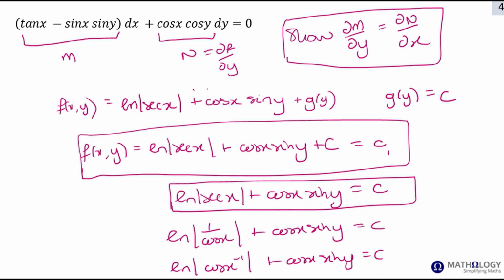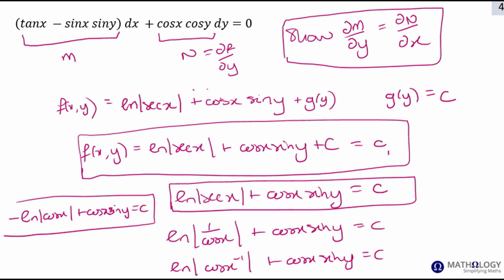And then we can write that one using log laws. You can write that 1 in front, so it'll be negative ln cos x plus cos x sine y equals c. This is just an alternative form. Of course, you don't have to do that. You can just leave it in the original form as it was, ln sec x plus cos x sine y equals c.